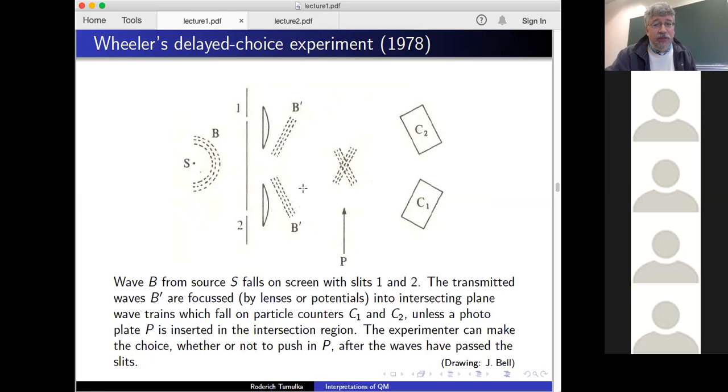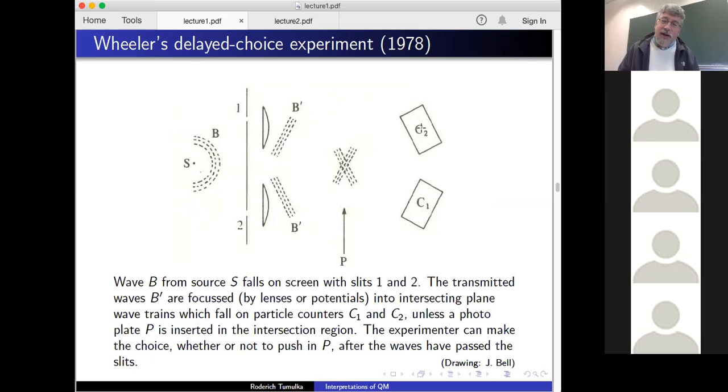And this wave moves in this direction, passes through this region here. Here, for a moment, these two waves overlap, they interfere, and then they separate again, and this wave coming from here then falls on counter C2.